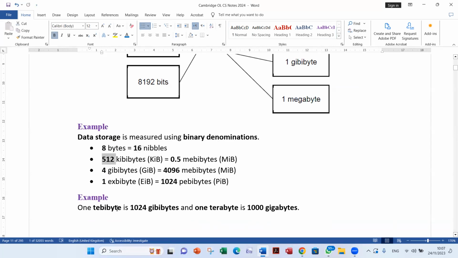Okay, 512 kibi is half a mebi. Okay, 4 gibi is 4,096 mebi. Why?